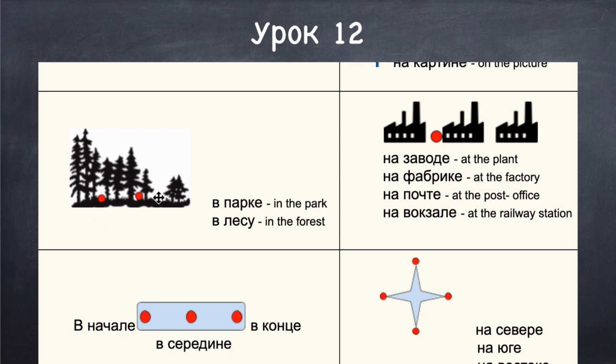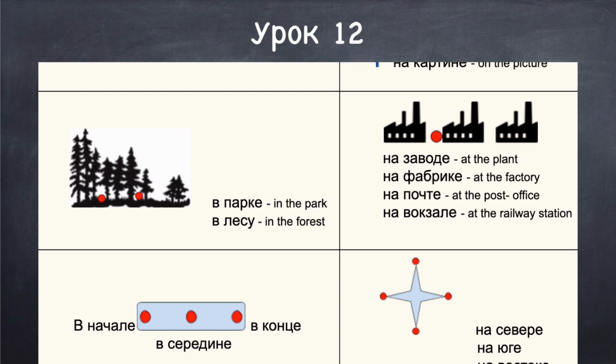Just visualize here, okay? Now, preposition НА will be used with places such as the plant, на заводе, factory, на фабрике, post office, на почте, and railway station, на вокзале.